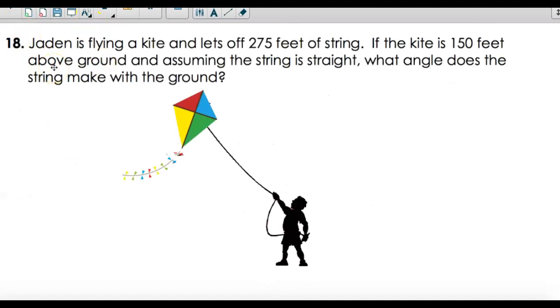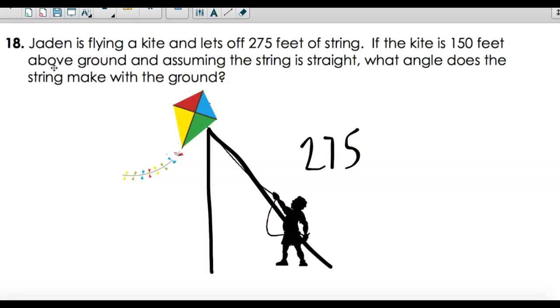Jaden is flying a kite that has 275 feet of string. If the kite is 150 feet above the ground, what is the angle that the string makes with the ground? So we have to assume that we have this length here of 275, and we know that the kite is about 150 feet above the ground. Here's our ground.